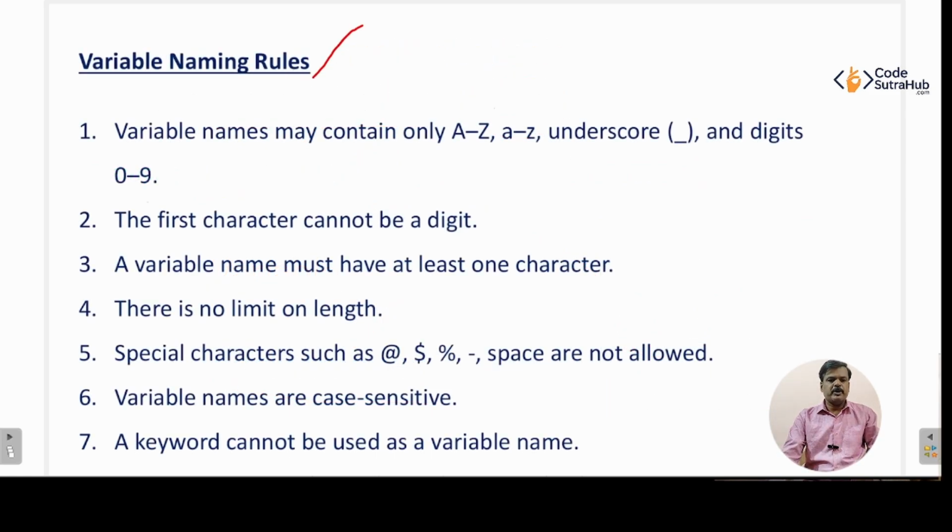Next, variable naming rules. Variables are created by the programmer in the program. We need to follow some rules when giving a name to variables. The first one: variable names may contain uppercase alphabets A to Z, lowercase alphabets a to z, underscore, and digits 0 to 9.